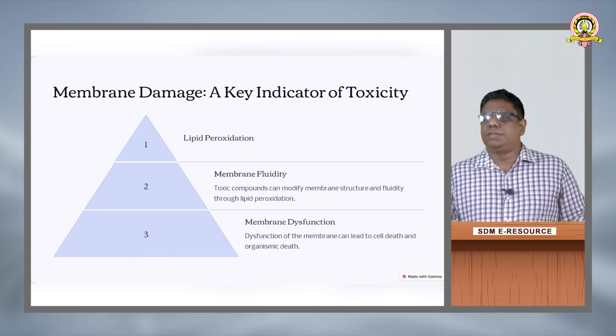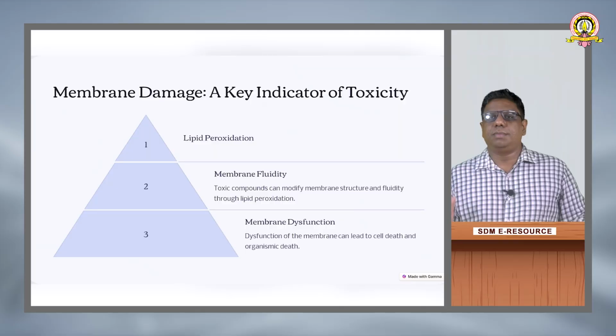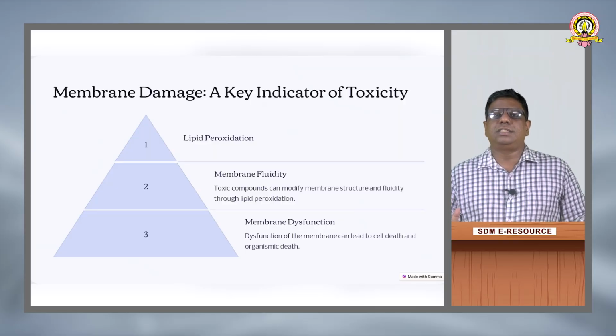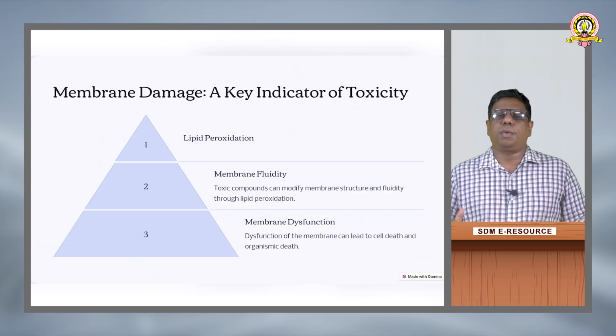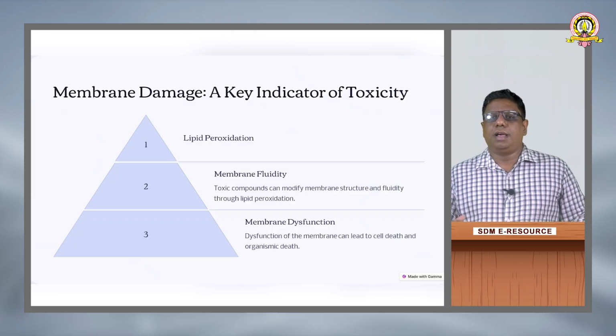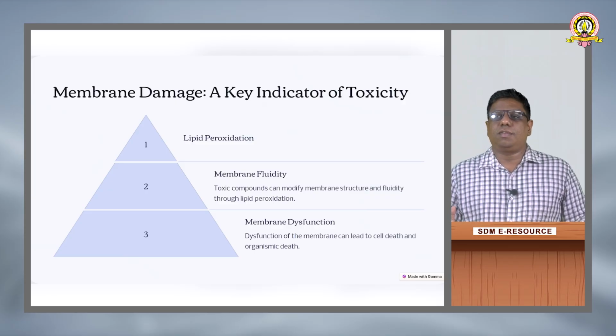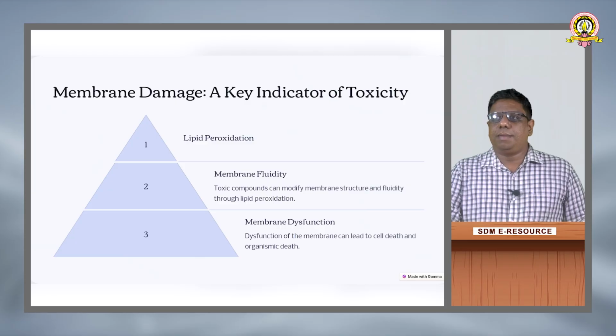Membrane dysfunction leads to cell death and organismic death. Apoptotic proteins and lysosomal proteins are released, which leads to the death of the cell. This is the damage that is caused.